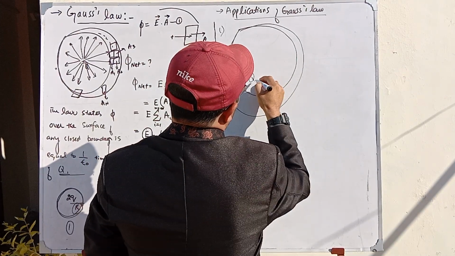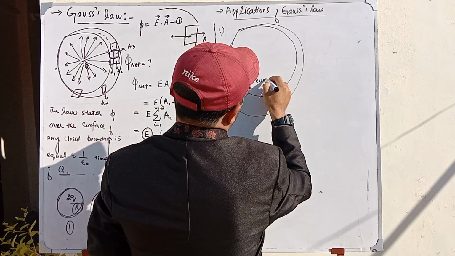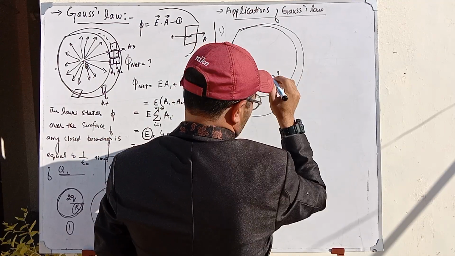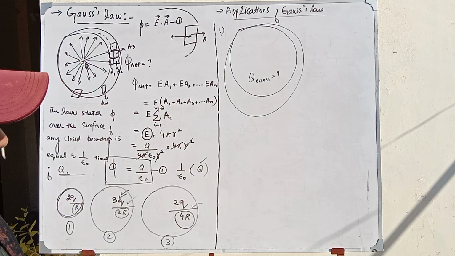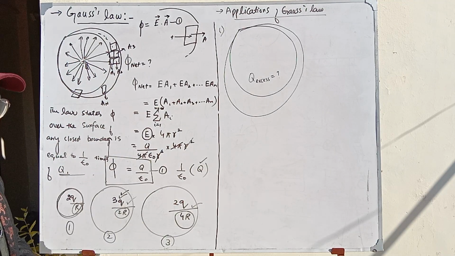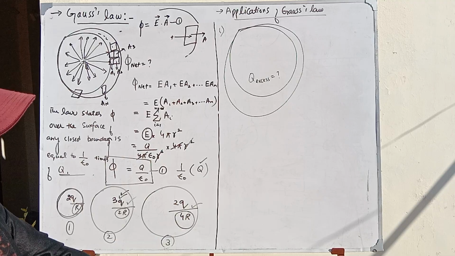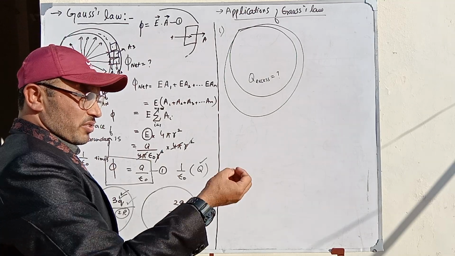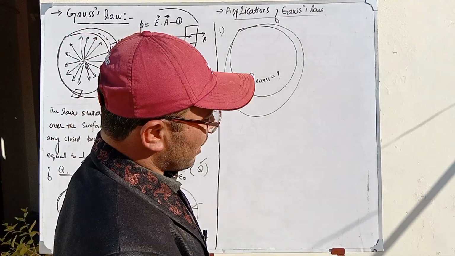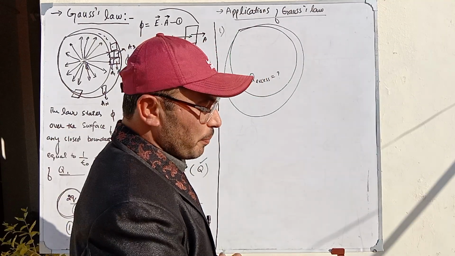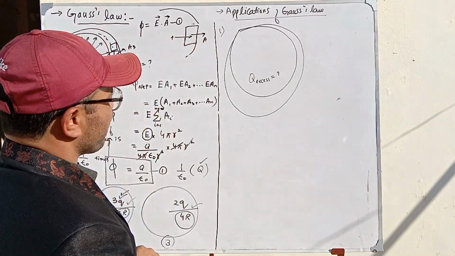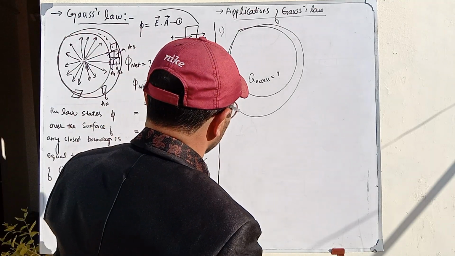Excess charges means the charges are in efficiency or deficiency. Efficiency means more electrons, and deficiency means the electrons are in a lesser amount compared to the positive ions present in that body.